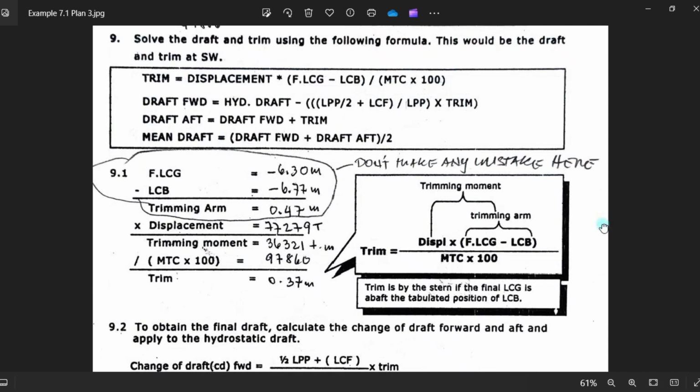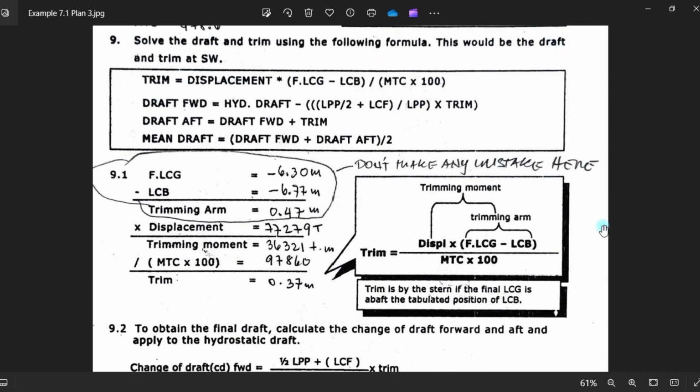So we have, it says here, final LCG minus LCB. Okay, so your final LCG is 6.3 and LCB is negative 677.